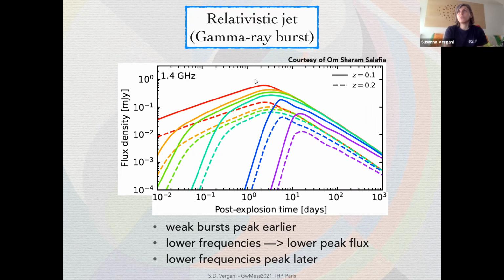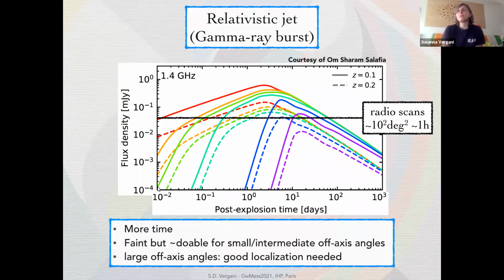At lower frequencies, you will have lower peak flux. If I do the simulation at 8 gigahertz, I will have something brighter that peaks at earlier times. So as you go to lower frequencies, you will have lower peak flux and later peak times. But this is just a simulation with some particular parameters, so you can expect much higher or much fainter values, okay?